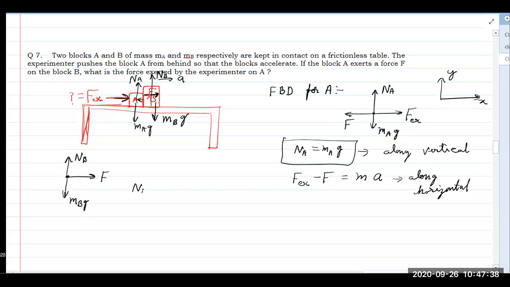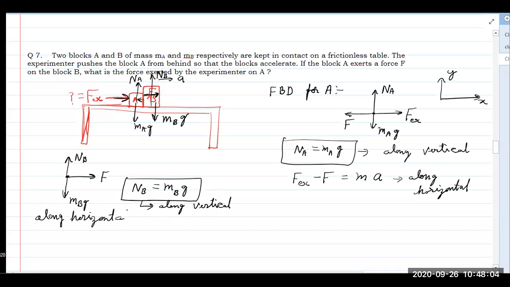NB must be equal to MBG, because along the vertical direction there is no acceleration. And along horizontal, only one force F is there. So F equals MB times A. A is common for both because they are in contact.